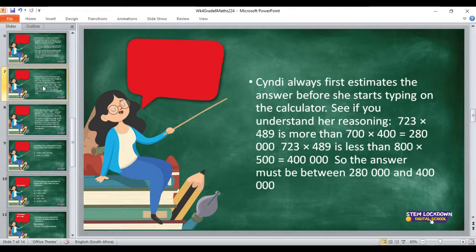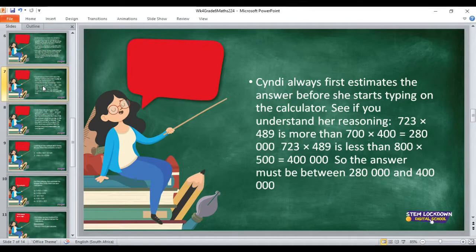Okay, now let's look at what Cindy does. Cindy always first estimates the answer before she starts typing on the calculator. If you understand her reasoning, 723 multiplied by 489 is more than 700 multiplied by 400, which equals 280,000.